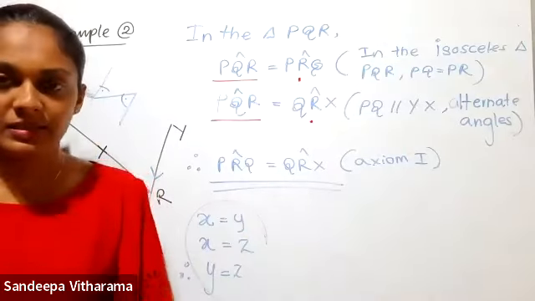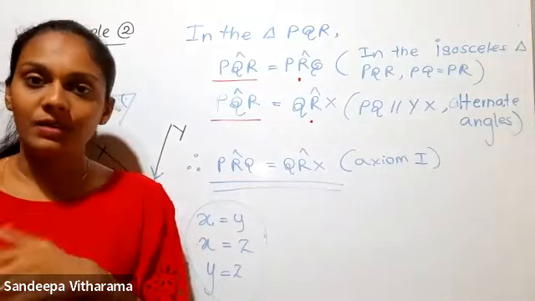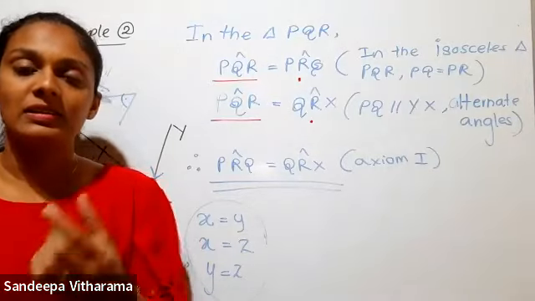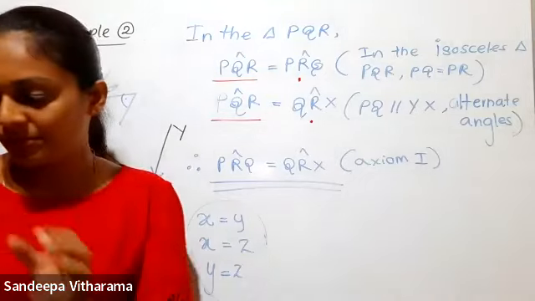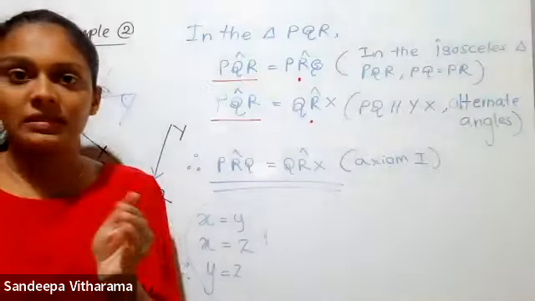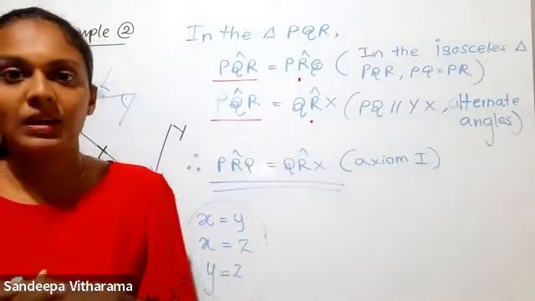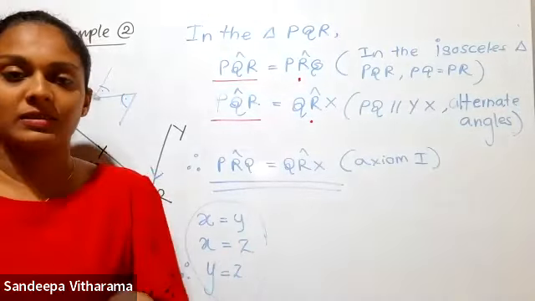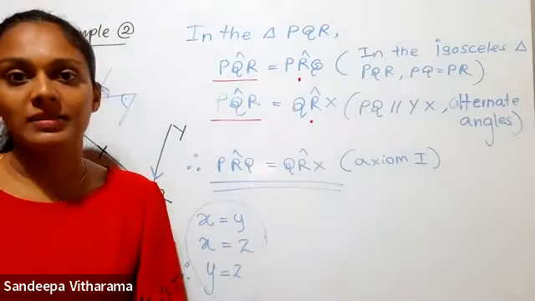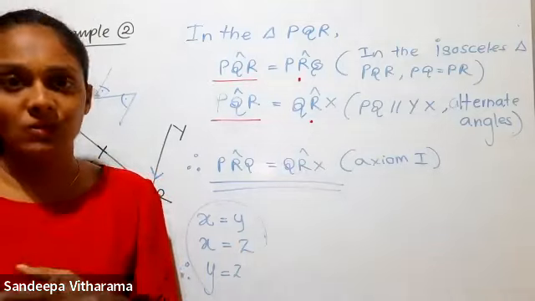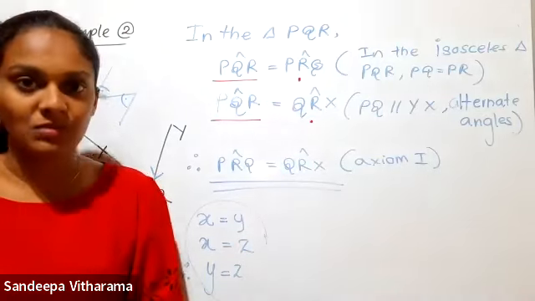The next one is next Friday, and the Friday after next, I will conduct a small quiz, collecting all the theorems and what you have learned in the congruence of triangles. That means everything related to triangles that we have finished so far.